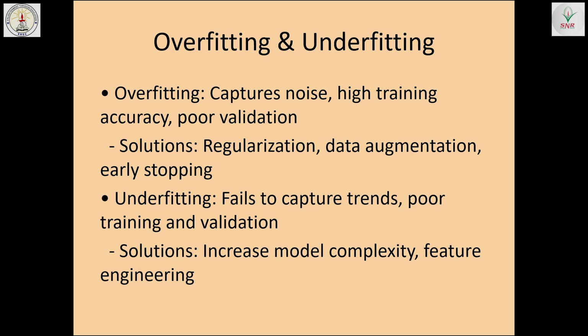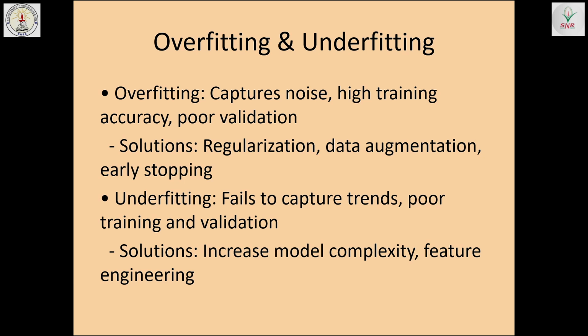Then what can be the solution for this? We can implement L1 or L2 regularization or the dropout mechanism, which we discussed earlier, and data augmentation. What is data augmentation? Increasing the data set by applying transformations like rotation or flipping of the images.